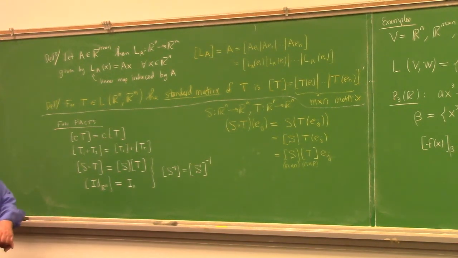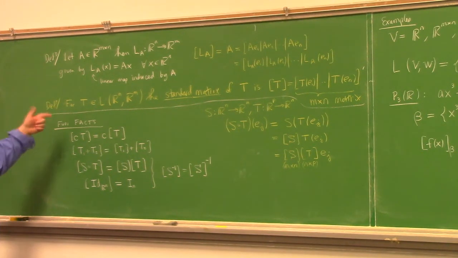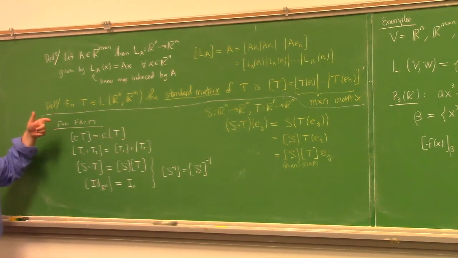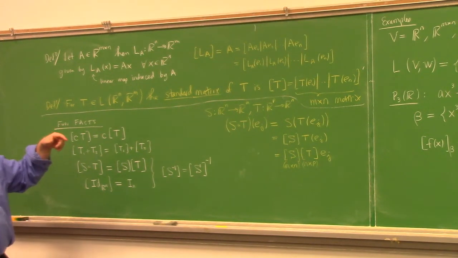And so my question is, can S composed with T of EJ also equal the matrix S times the matrix T times EJ? It is. That's what this calculation shows. But take a step back for a second. The definition of the standard matrix of a map is what?